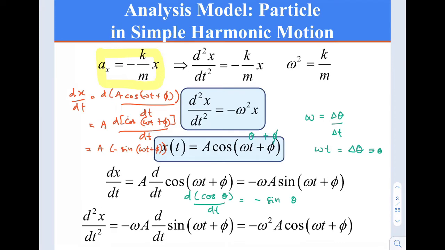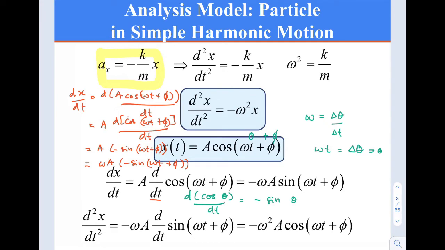Just now you differentiated the cosine function, giving you negative sin theta. What is your theta? Omega t plus phi. And after that, you differentiate the part that has the t, because your aim is to differentiate with respect to time. So you differentiate the omega t. How does it differentiate? Omega t gives you omega, so we get negative a omega sin of omega t plus phi.